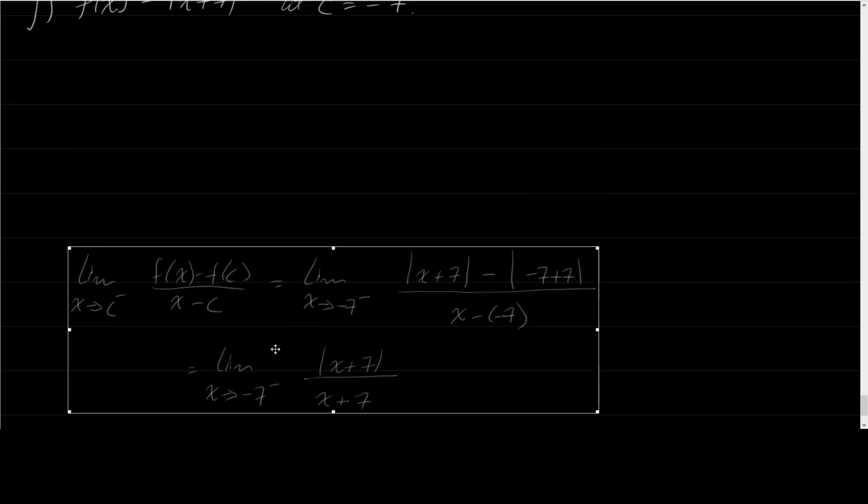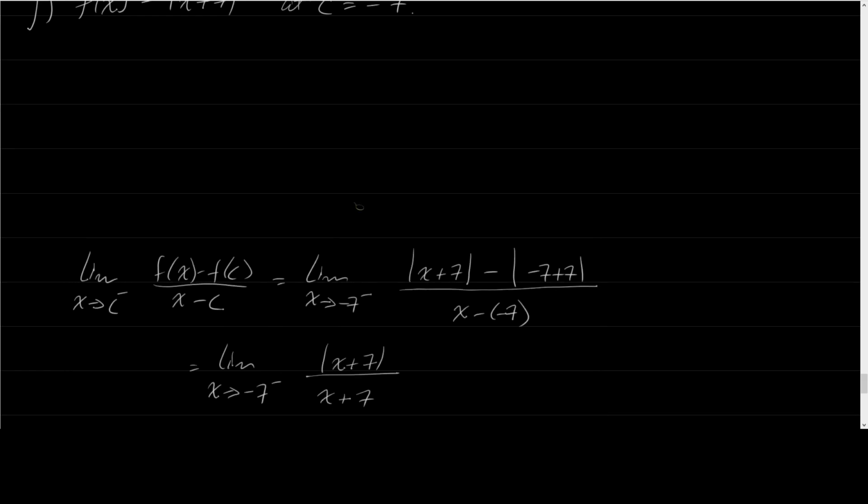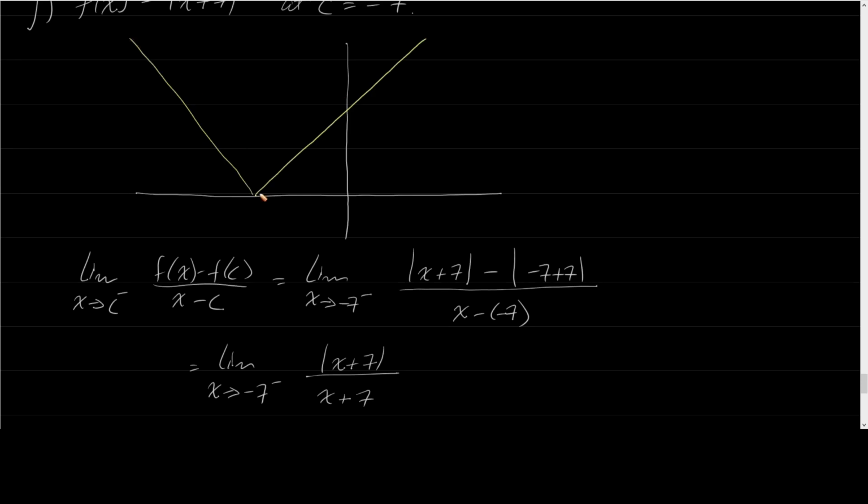All right, so here we go. I'm going to go ahead and draw this function so you can see what's going on. And this is what the function looks like essentially, where this point right here is -7.